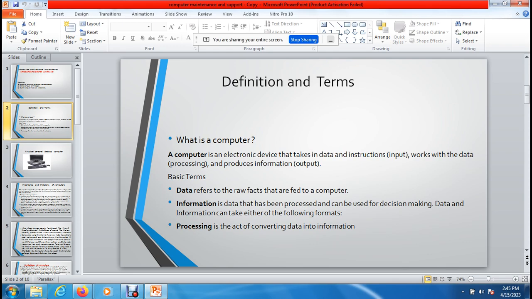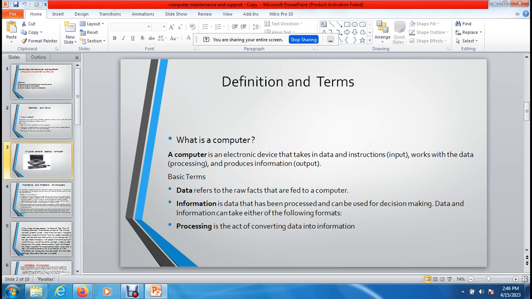So data cannot be used for decision making, whereas, on the other hand, we have information, and this is the processed data that is used for decision making. Again, we have the basic term: processing. This is the act of converting data into information.